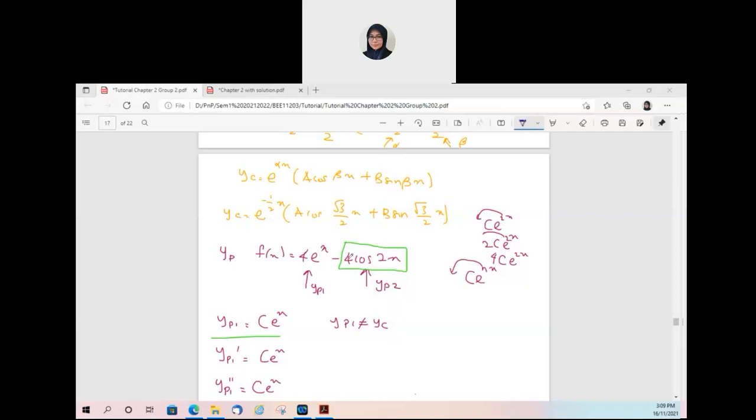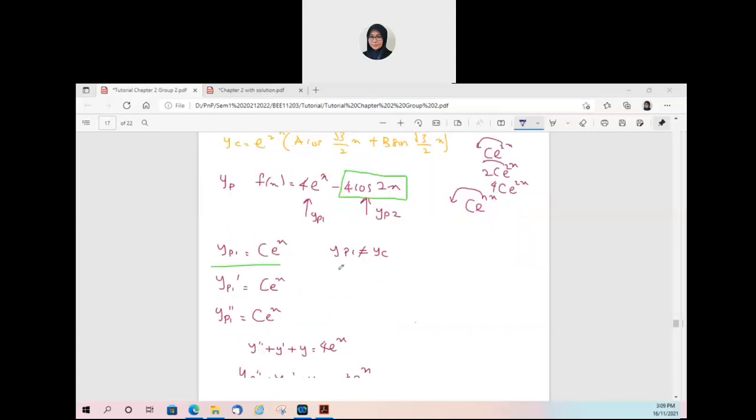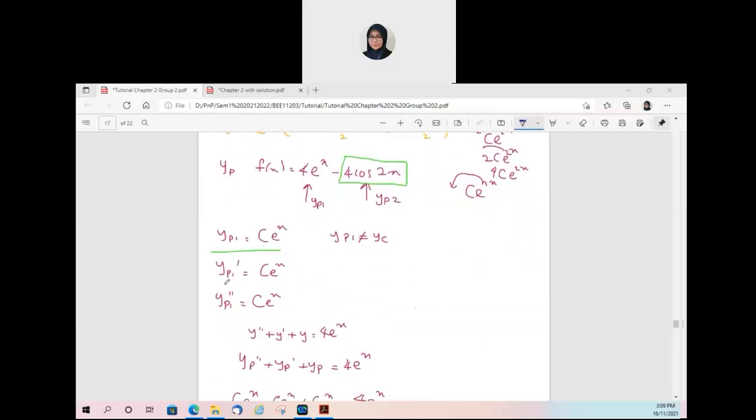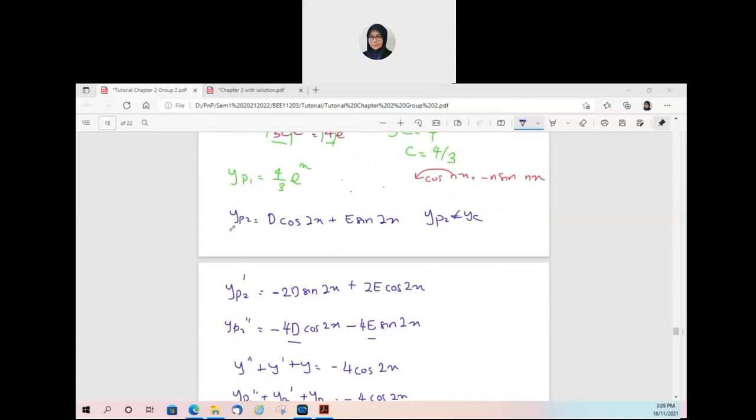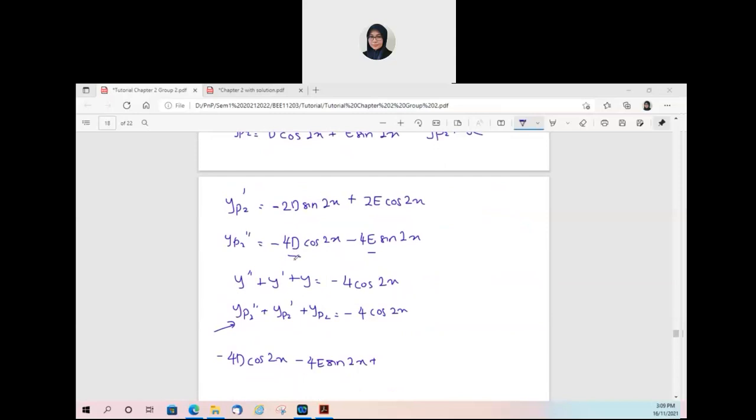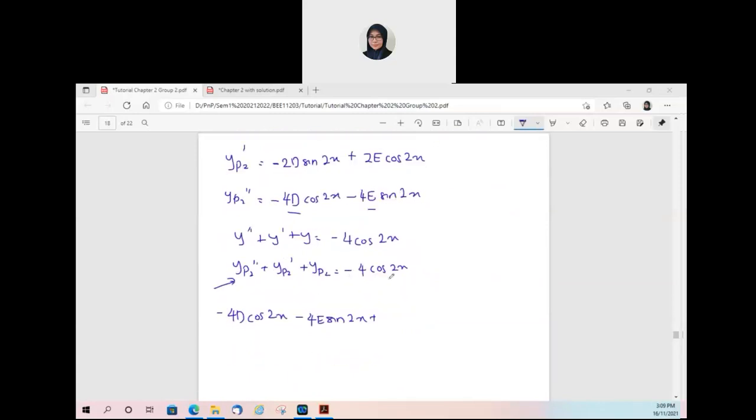Masa you nak dapatkan nilai constant, awak akan ambil negatif ni. But masa you nak assume YP, negatif ke positif, it doesn't matter. But if we want to find D and E, then we kena consider negative.